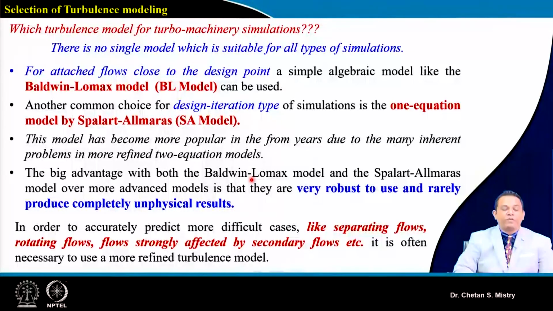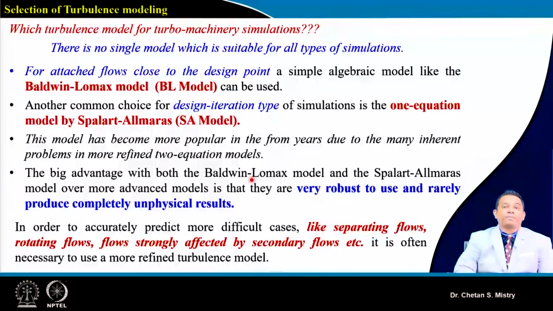Sometimes people go with the Spalart-Allmaras model, or SA model, which is a one equation model. This model is more popular because it is easy to use and saves your computational time.